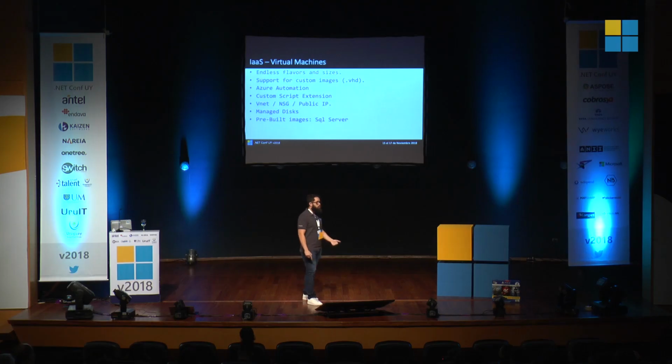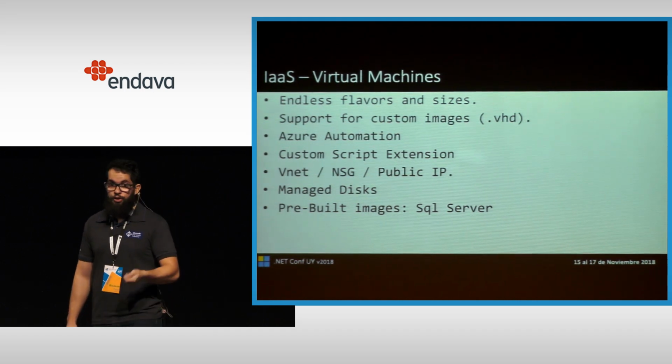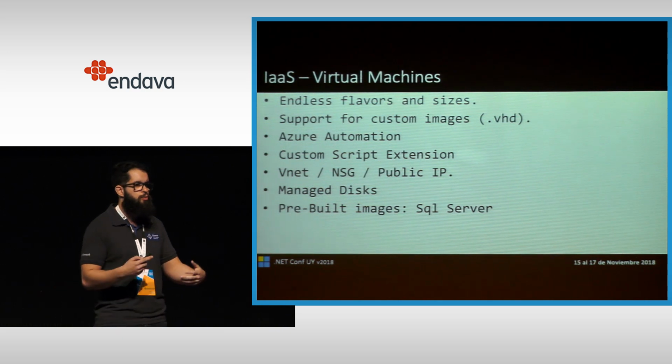Okay. Virtual machines, for those that like to control more of your infrastructure, there are some cool features. You have one VNet, so when you deploy a machine, you need to deploy to a virtual network, okay? And you can have one network security group, the NSG, per machine, or you can share NSGs across multiple machines.